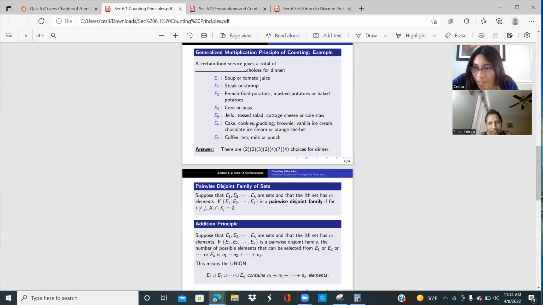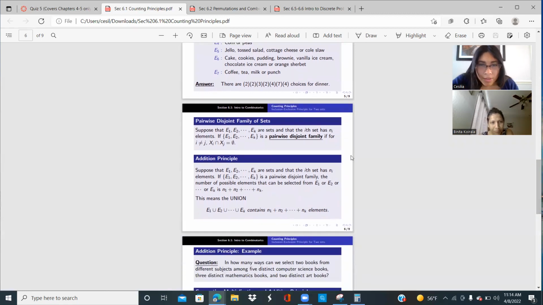Okay, and then we're going to scroll down a bit. Here is disjoint family of sets. Suppose that E sub 1, E sub 2, up to E sub k are sets and that the ith set has n sub i elements.